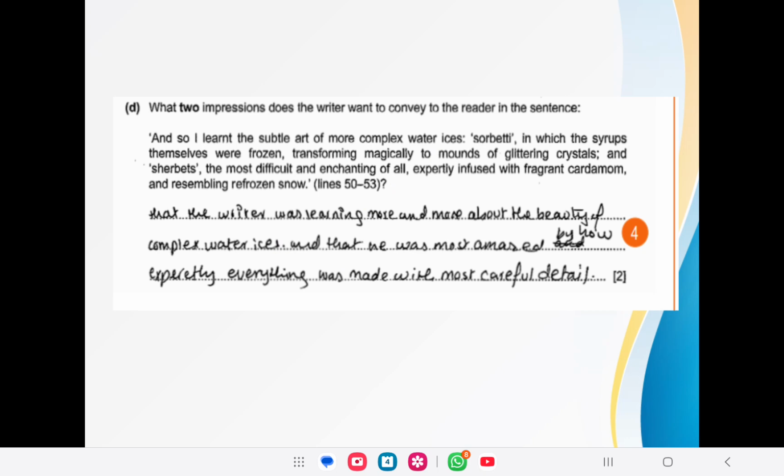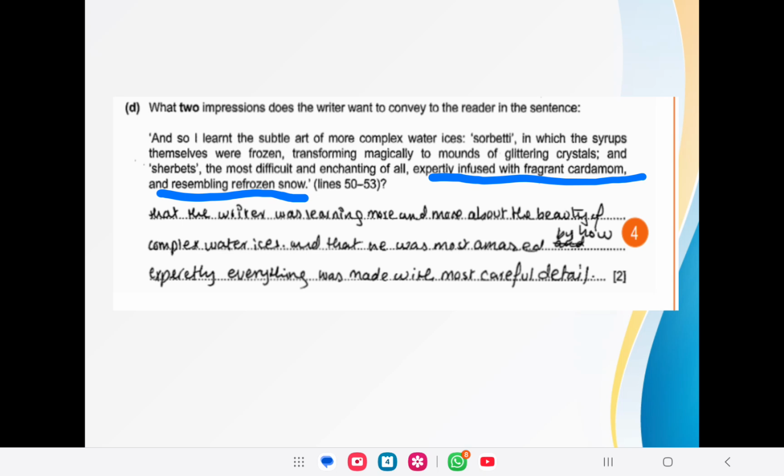Then after that he is writing "the most difficult and enchanting, expertly infused with cardamom and resembling frozen snow." If you read the mark scheme now, you will find that all these impressions are available there. You can just take them out. First, he learned the art of complex water ices. Secondly, he also learned how to expertly infuse smell or aroma into that frozen snow.